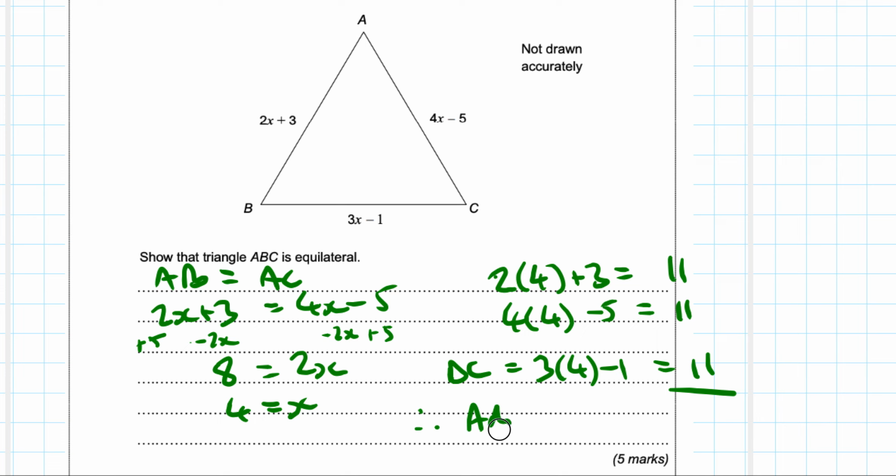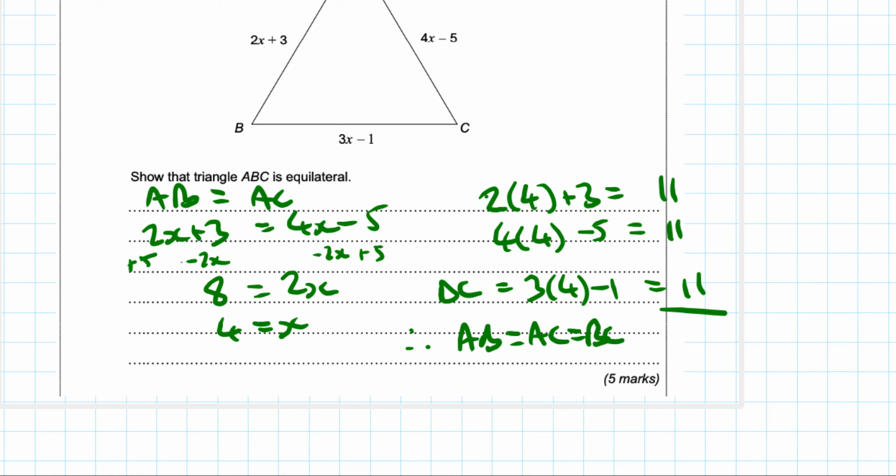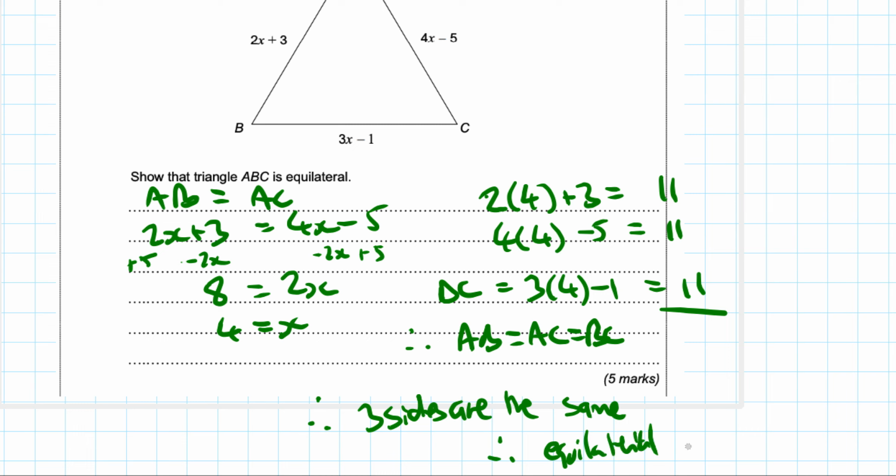So therefore AB equals AC equals BC, so therefore its 3 sides are the same, therefore an equilateral triangle. And that brings to the end our question.